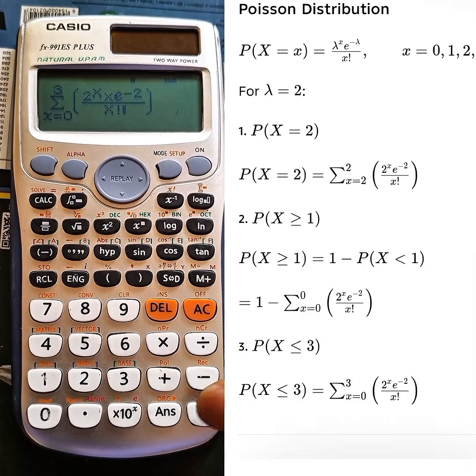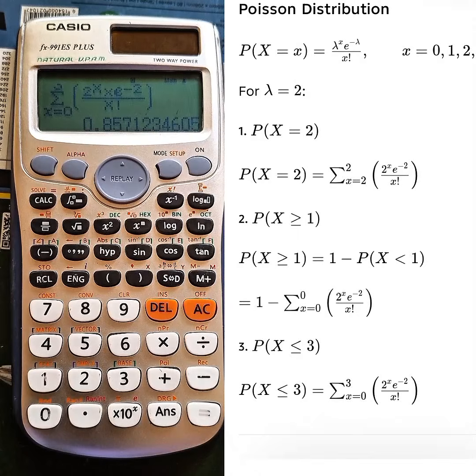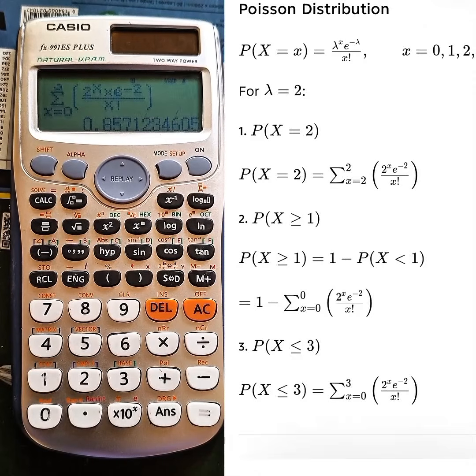Now you press equal to. Your answer is 0.8571. So this is how you calculate the probability distribution of a Poisson for at most 3 people.